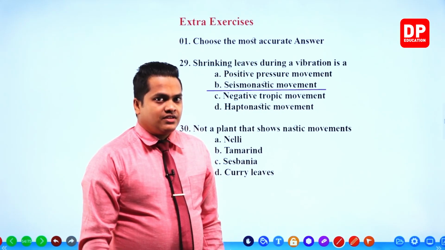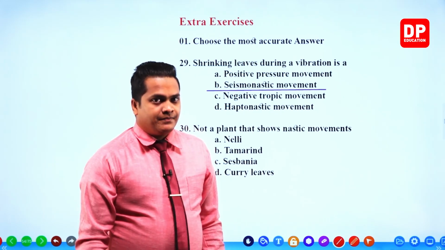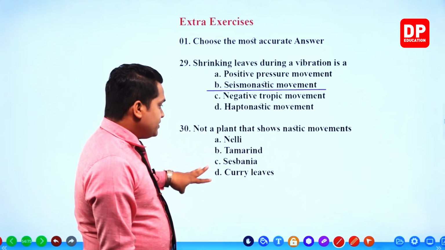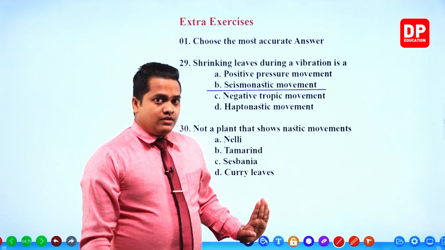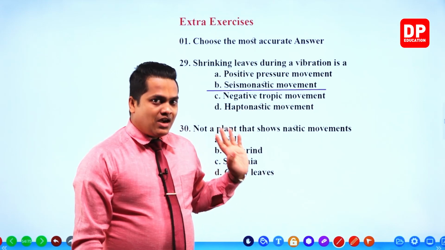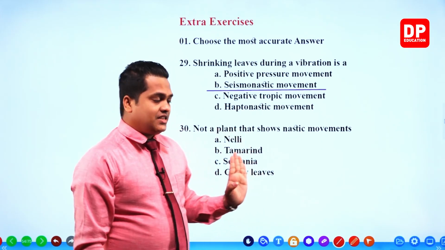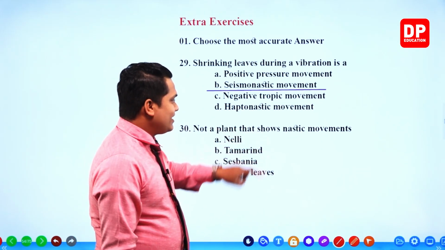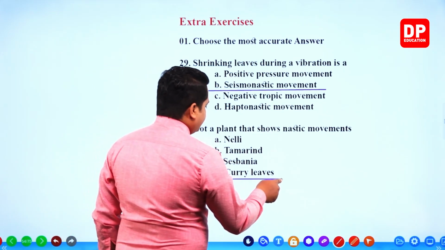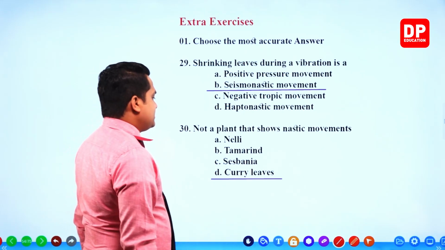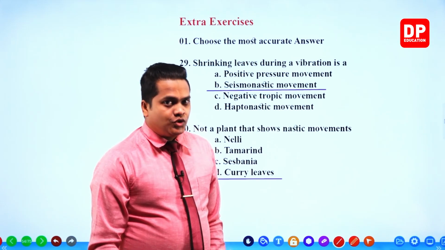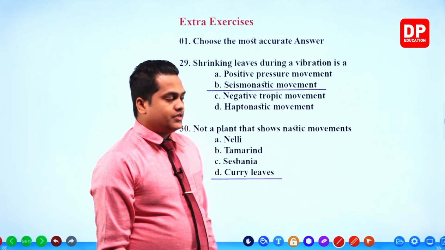When dark falls, the leaves go into sleeping movement. So all of these three responses are correct for plants which show nastic movements. The plant which does not show nastic movement is curry leaves.